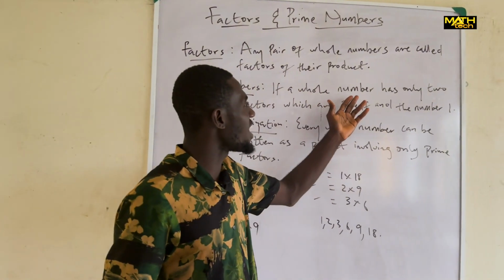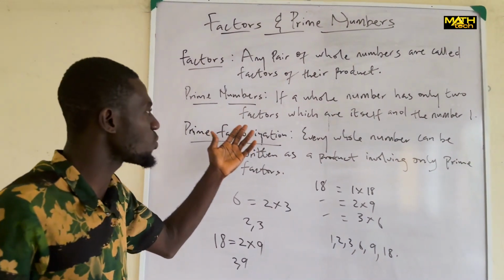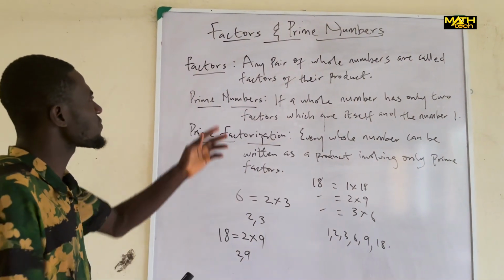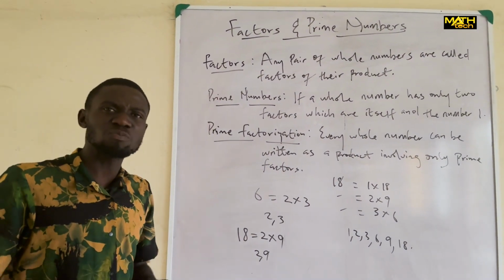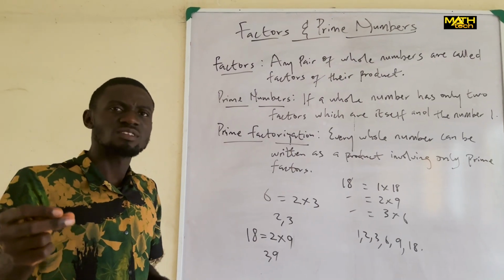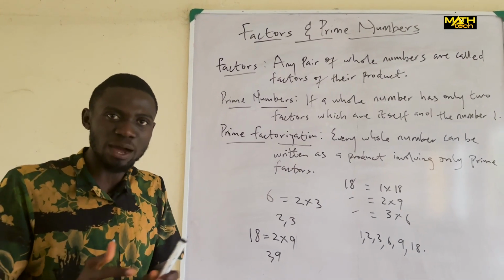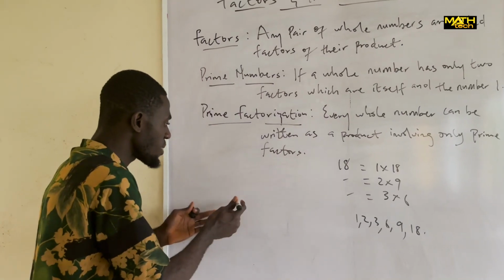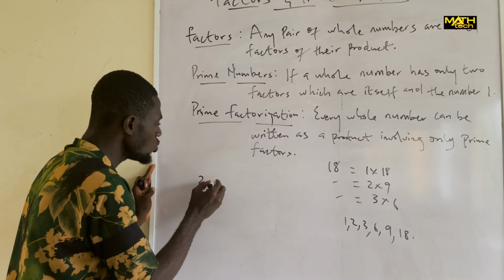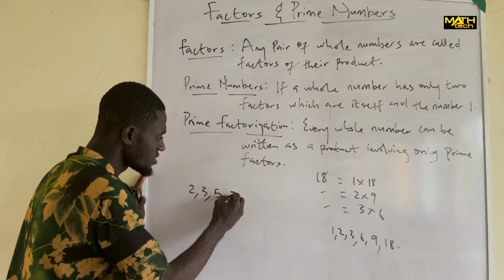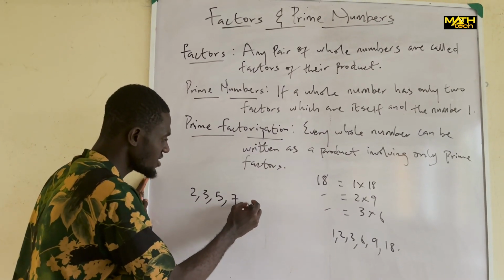Now that we just learned about factors, let's pick the first 5 prime numbers, and let me give you a proof of why they are prime numbers. The first 5 prime numbers are 2, 3, 5, 7, and 11.